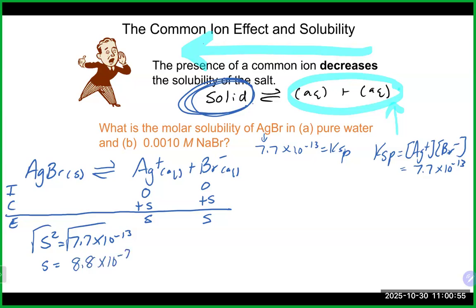This is the molar solubility of silver bromide. And if we use the molar mass of silver bromide, which is 107.9 plus bromine at 79.90, and multiply it by each other, we get a solubility in grams per liter. This number here, I think.